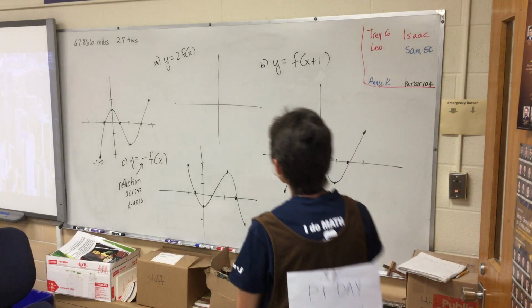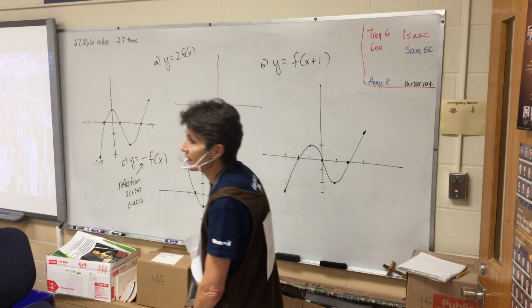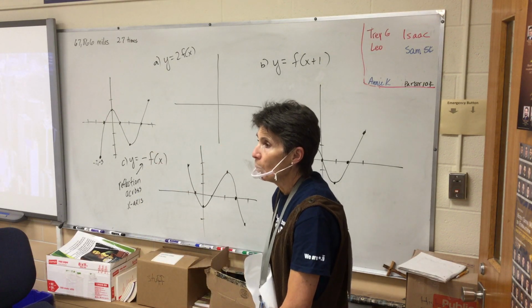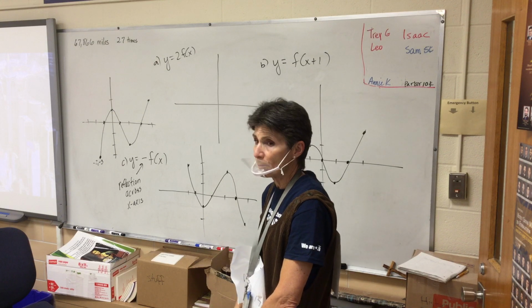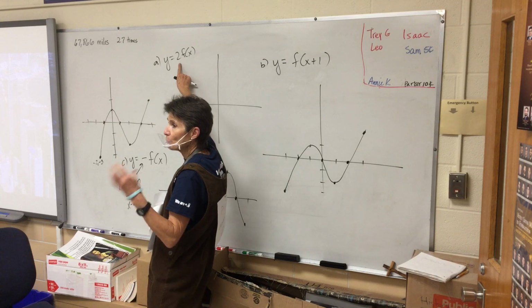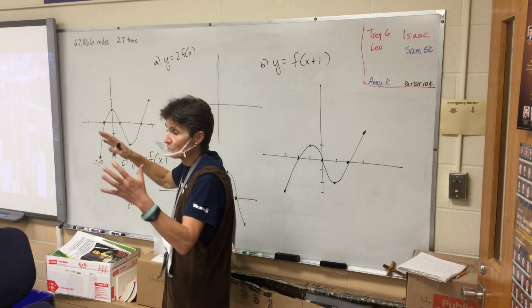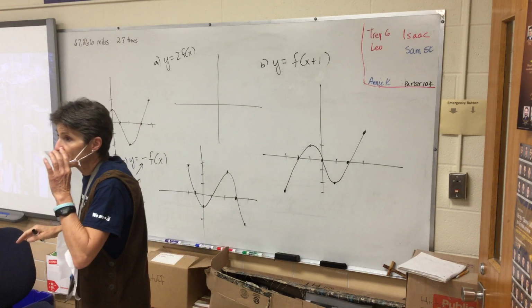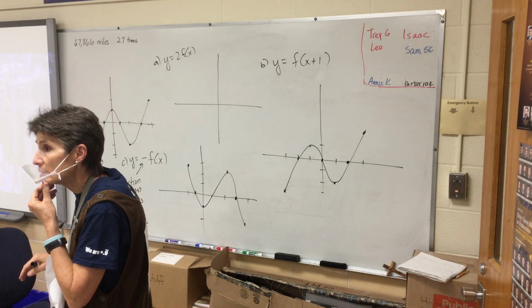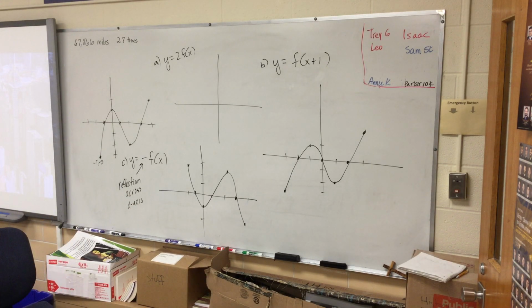Now this one we haven't talked about. Does anyone have an idea about what it does to your picture when you put a coefficient out in front of it? Like this happens to be a 2, but it could be any other number. Jacob? Was it expand a line? It makes it, this one is going to be twice as tall.